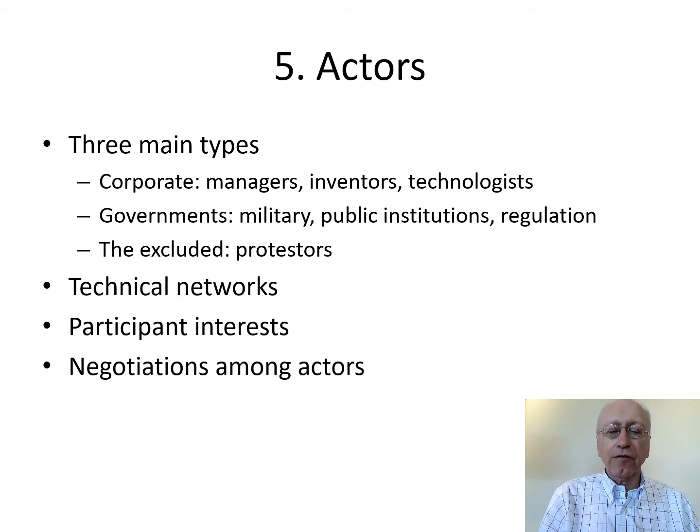They may also intervene through hacking, as we saw in the case of the Minitel, where hackers were not included in the original design plans, but managed to alter the design quite radically through their intervention. So technology creates networks. These technical networks encompass all the people and things that are involved in the technology.